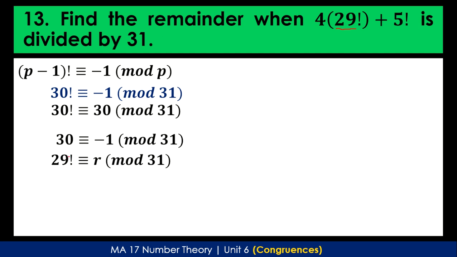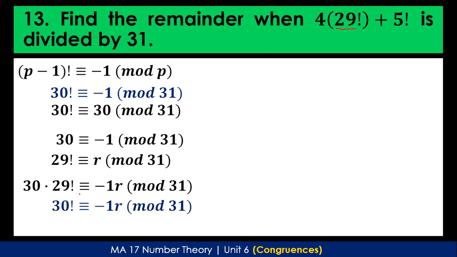Then let's multiply this, using another property. So 30 times 29 factorial and negative 1 times R. We'll have that 30 times 29 factorial, which is simply 30 factorial, is congruent to negative 1 R modulo 31.